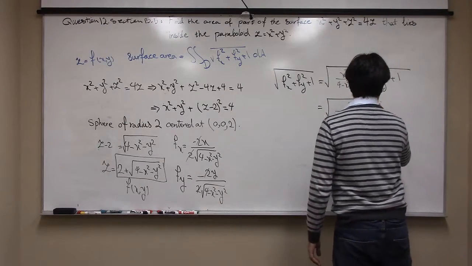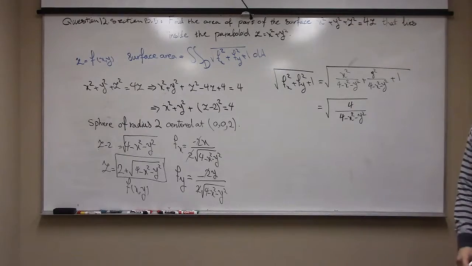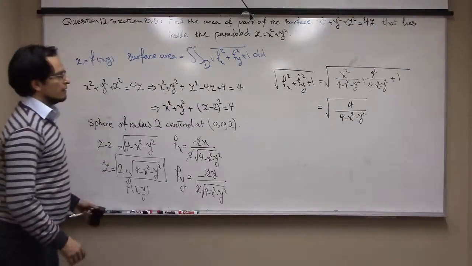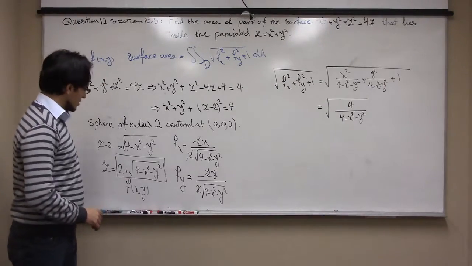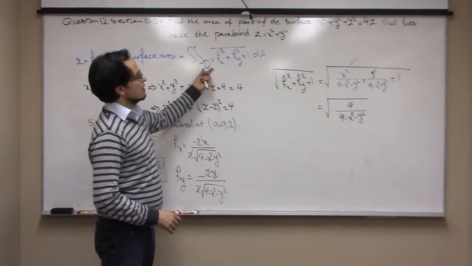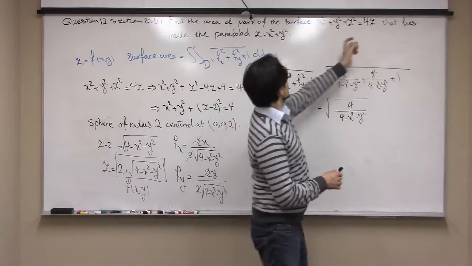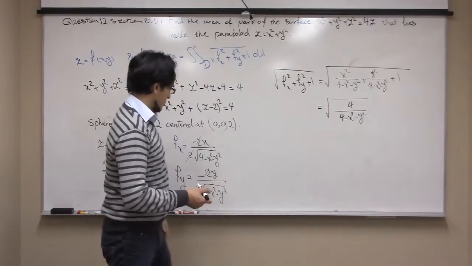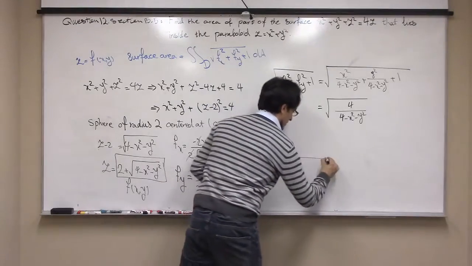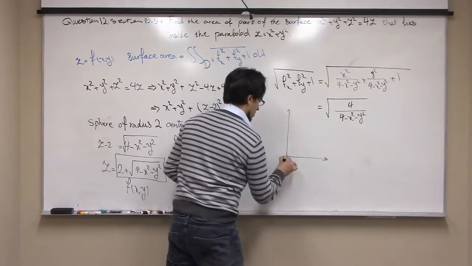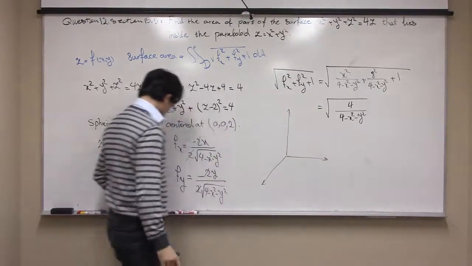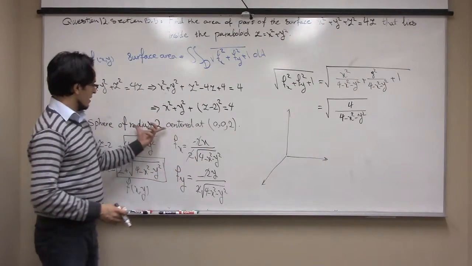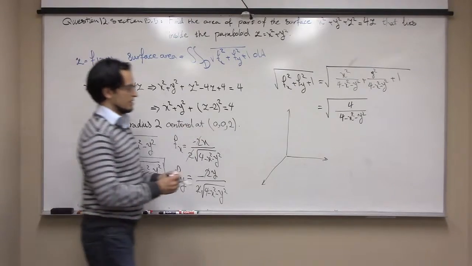So that's my integrand, and now I need to find the region. What is the region? It is the region which lies inside this paraboloid. I can draw you some pictures here. It is a sphere of radius 2 centered at 0, 0, 2.